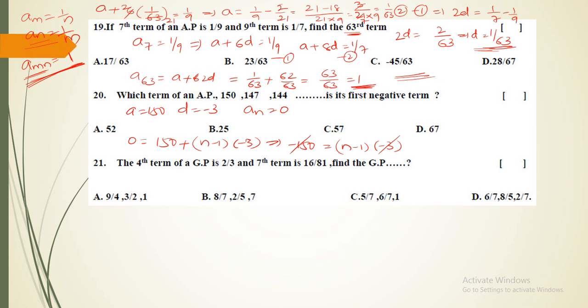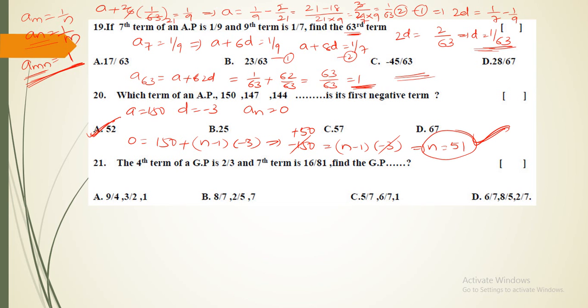This minus 3 into minus 150 goes as plus 50 times. So N is equal to 51. Clearly the 51st term is 0, so its next term will be my first negative term, right? So the 52nd term is the first negative term.